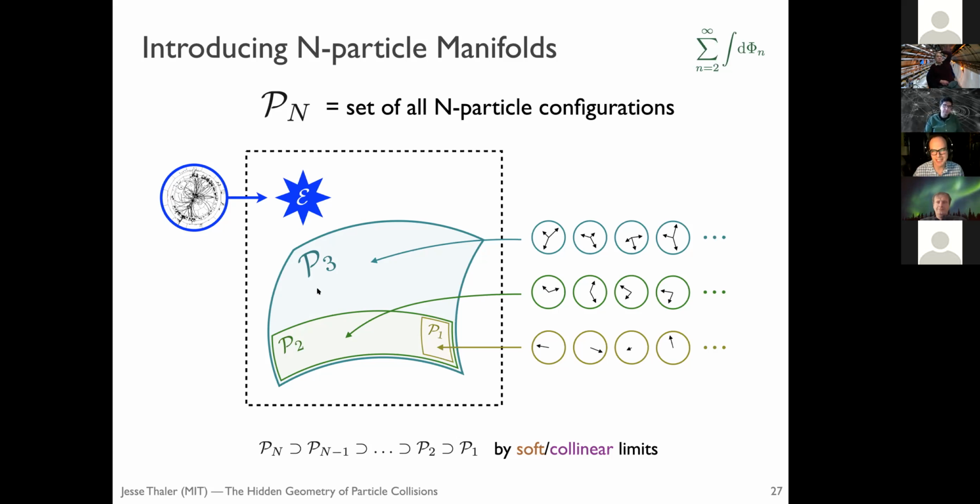But patching together all those balls is something that I don't know how to do at the moment. That's where this research program will be going: some meta notion of integration over a variable dimensionality that, when you project to fixed n particle configuration, should give you Lorentz invariant n-body phase space.